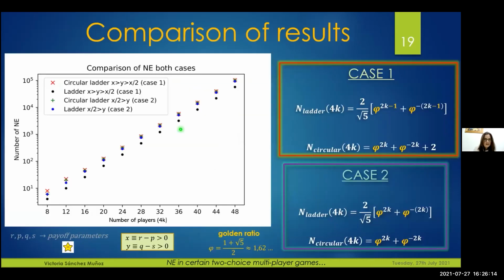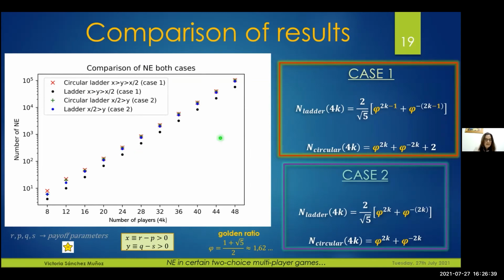So here, finally, I'm comparing the results. Here I'm plotting the number of Nash equilibria in logarithmic scale as a function of the number of players for the circular ladder and the ladder, for case 1 and for case 2. So here are the analytical expressions that we found.